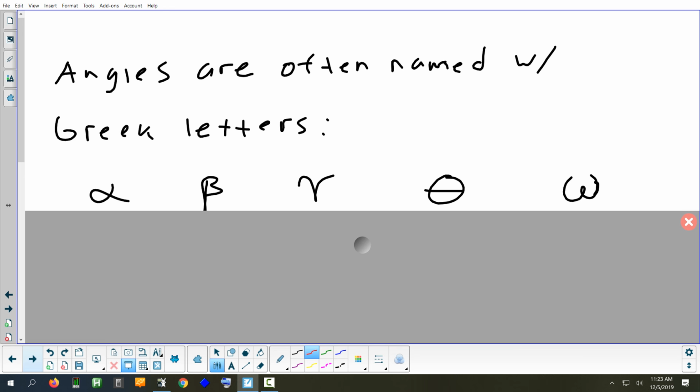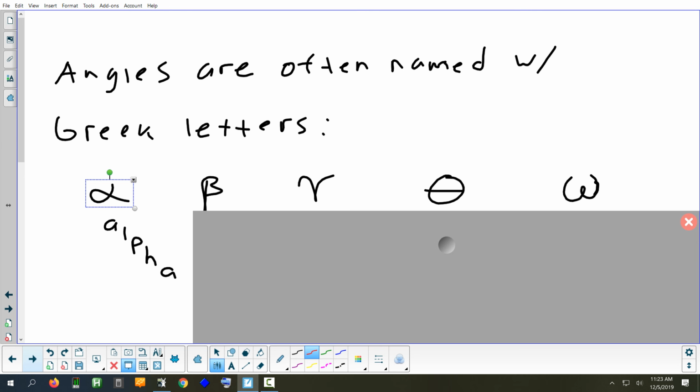These are 5 different Greek letters that we'll use throughout trig. Not all of them today. But does anybody know the name of this first Greek letter? First Greek letter in their alphabet. Alpha. Yep, it's the Greek letter alpha.